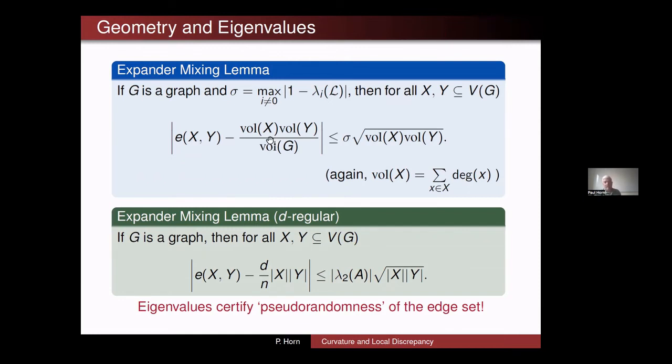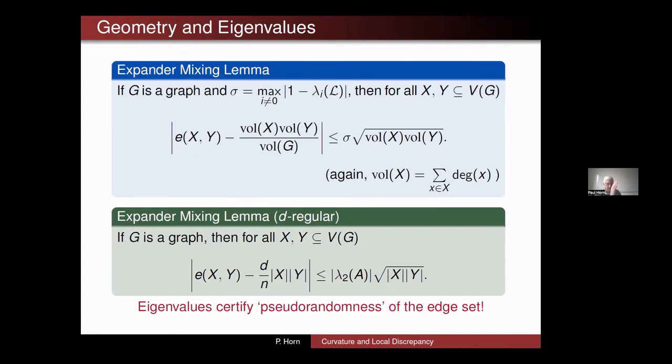So this would be the number of edges I would expect between these sets if the degrees were the same, but all edges were distributed randomly in, say, the configuration model or something like this. Then I get an upper bound, and this upper bound is based on how close the non-trivial eigenvalues are to 1.